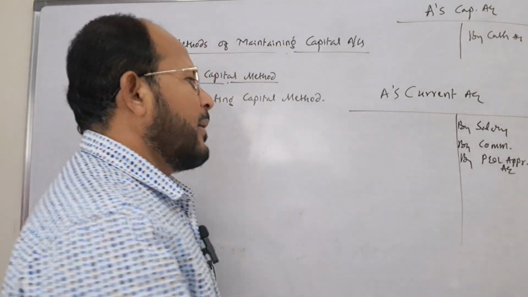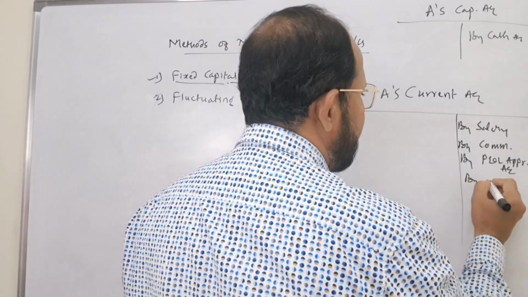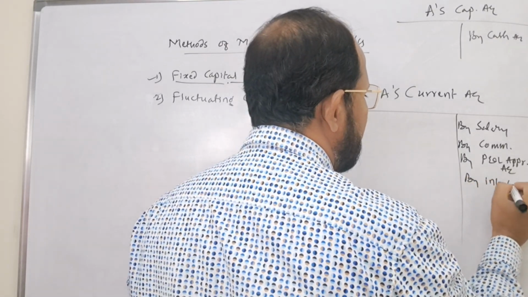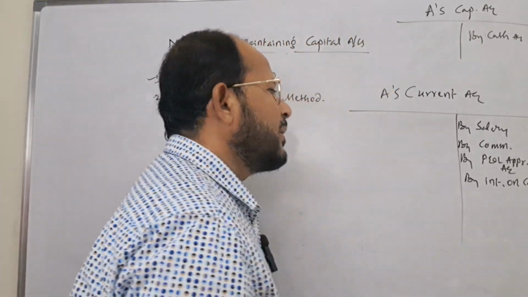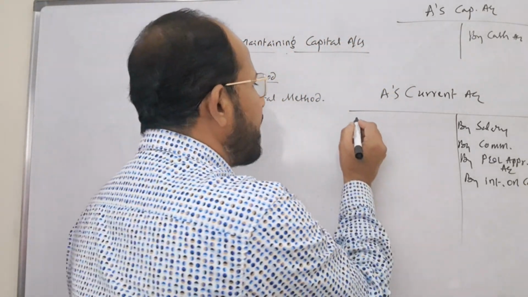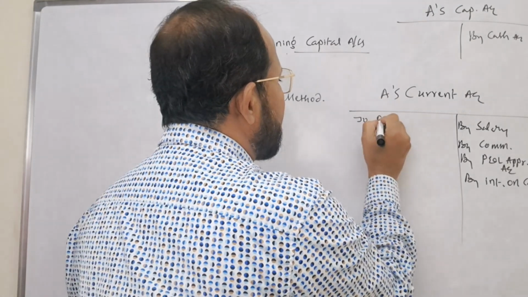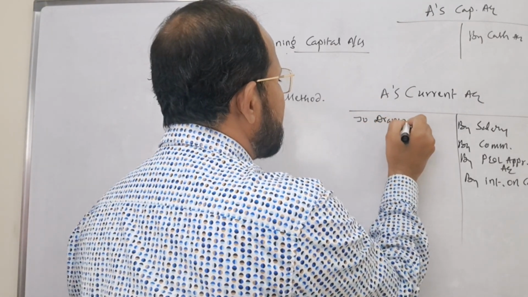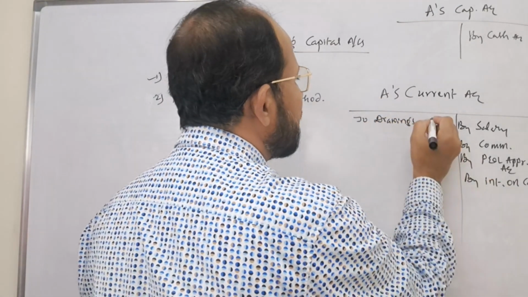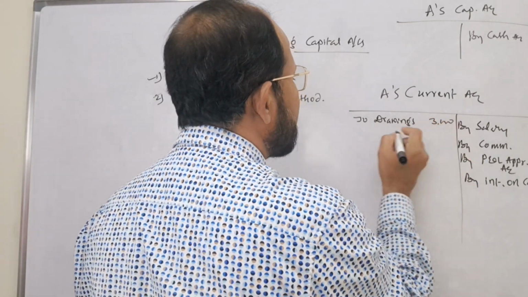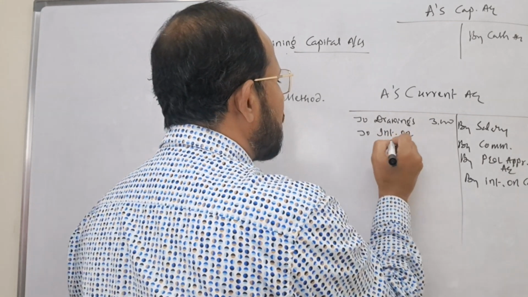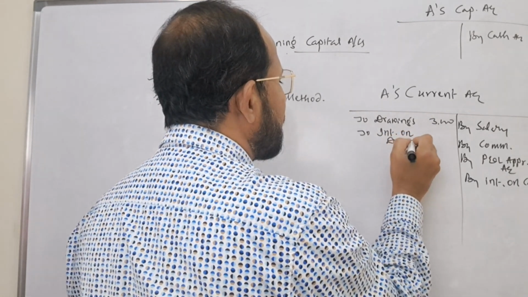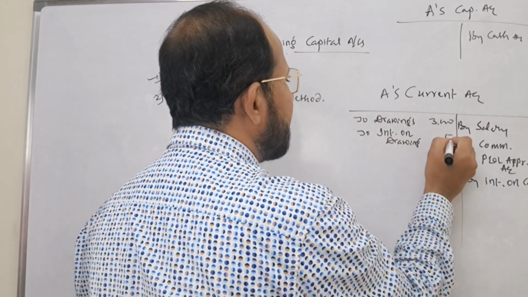Like this, we have to enter interest on capital, assume rupees 1,000. And he has made drawings. He has withdrawn the amount for his personal use, assume rupees 3,000. And interest on drawings has come to rupees 500.